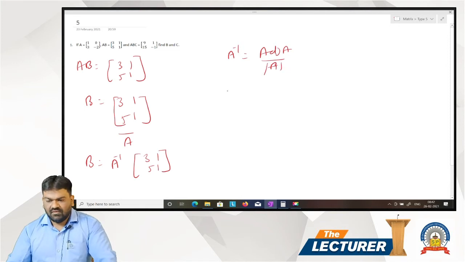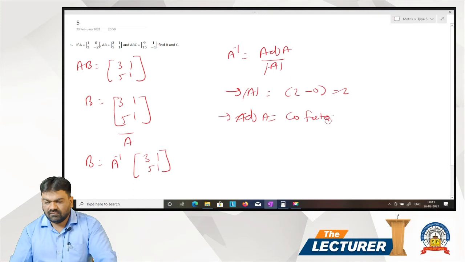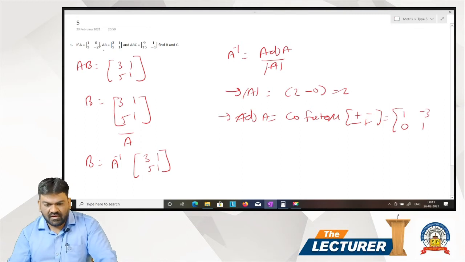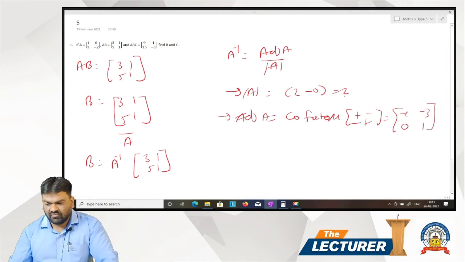Determinant of A is minus 2 minus 0, that is minus 2. Adjoint of A: cofactors with plus minus minus plus signs, giving minus 2, minus 3, 0, 1.